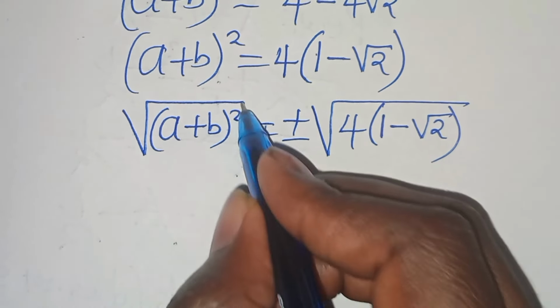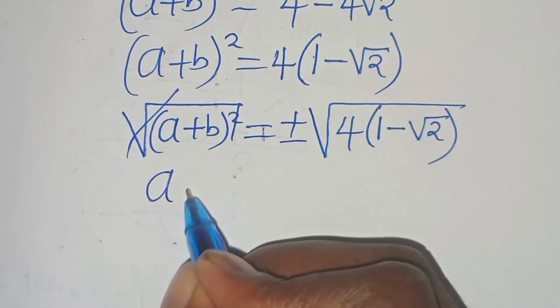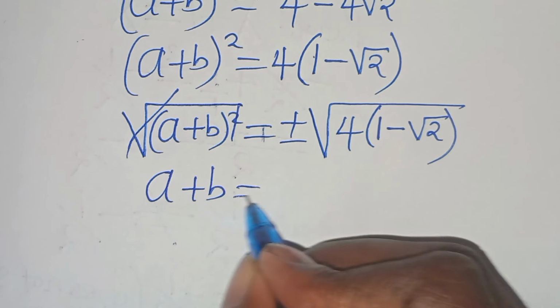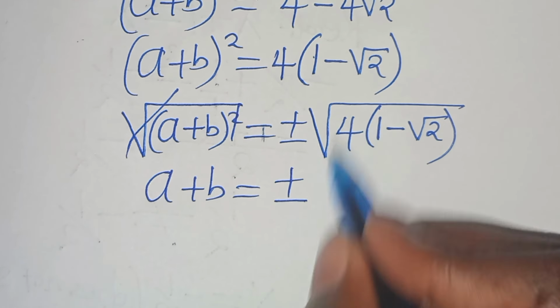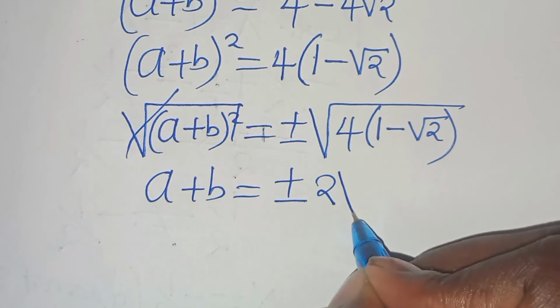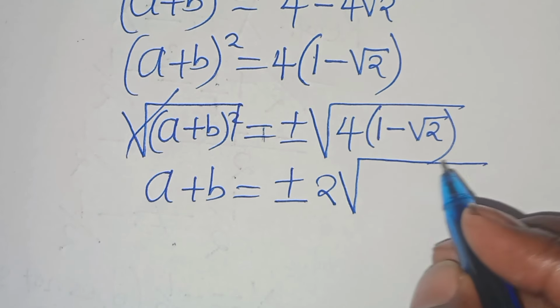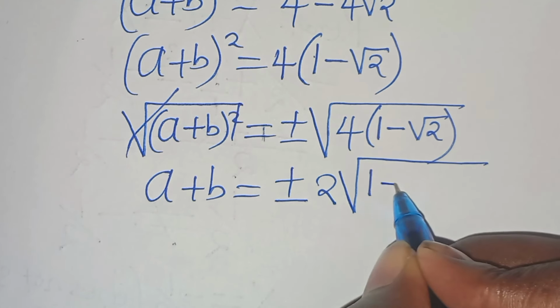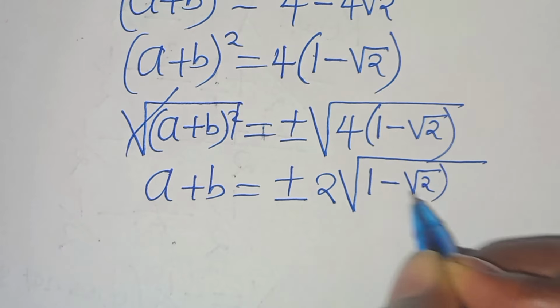So now we have that a plus b is equal to plus or minus the square root of 4, this is 2, then we have the square root of 1 minus root 2.